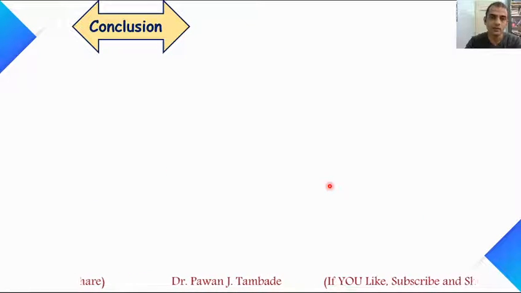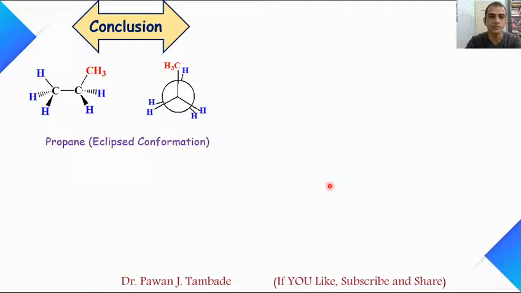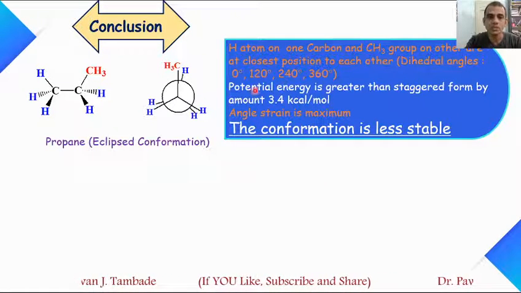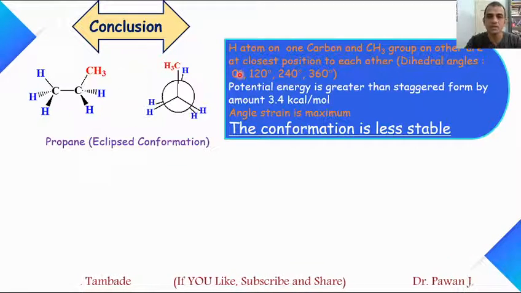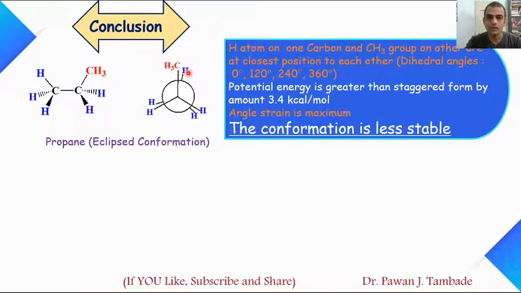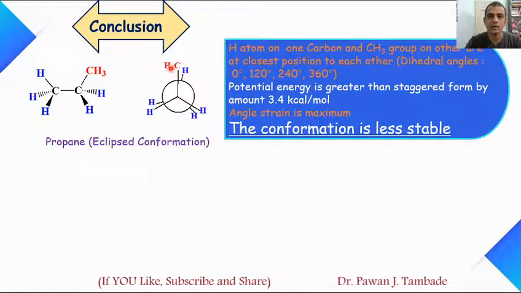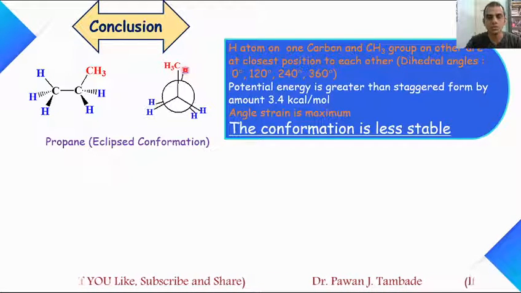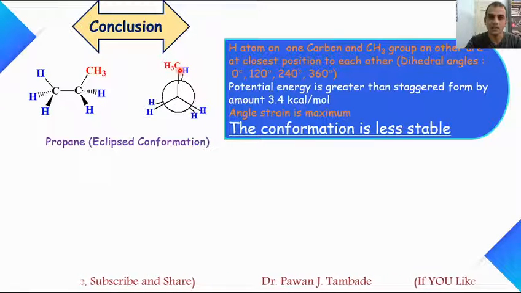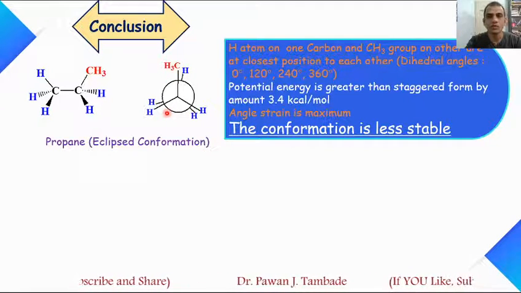So in conclusion, we know that in propane there are two different conformations possible. One is eclipse conformation, and these are some notable points about this eclipse conformation. In eclipse conformation, the hydrogen atom on one carbon atom and the CH3 group on the other are at the closest position to each other, and they can make a dihedral angle of either 0 degree, 120 degree, 240 degree or 360 degree.